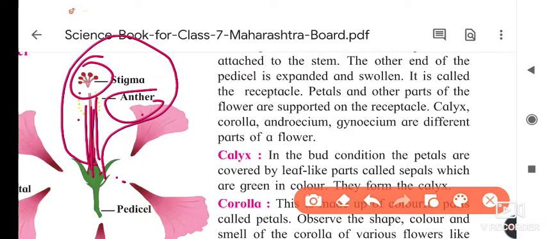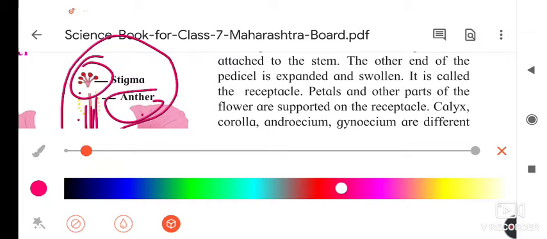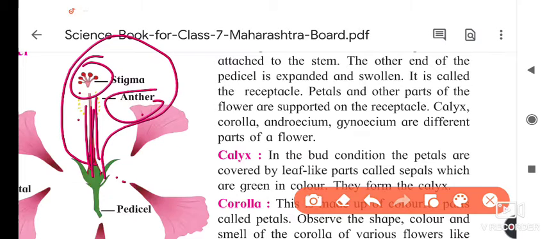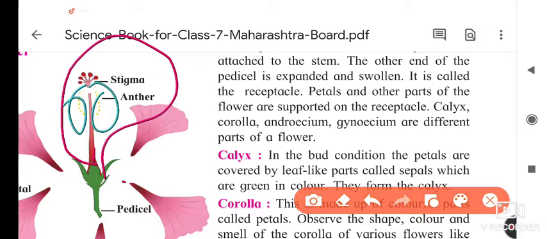The pollen spreads through air, or some flies stick it to their legs and it spreads to another place.